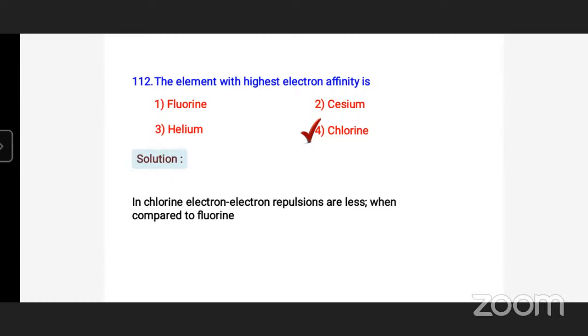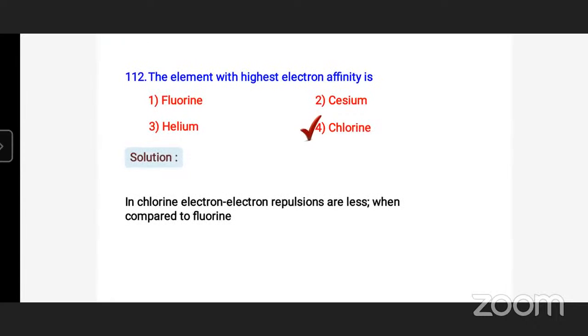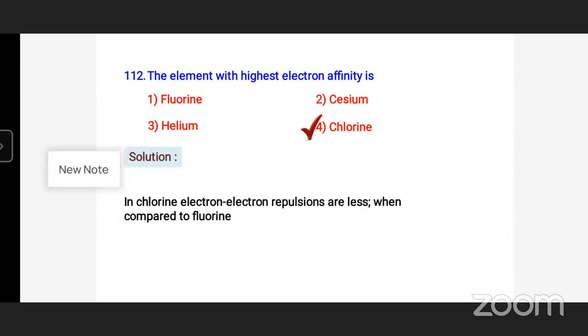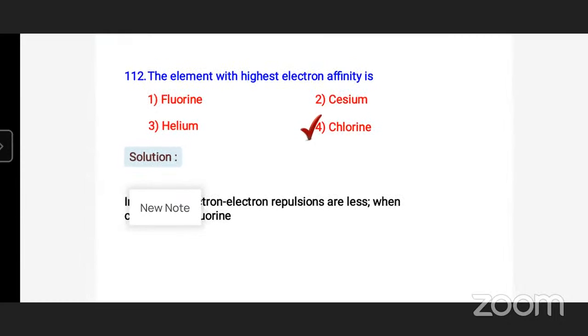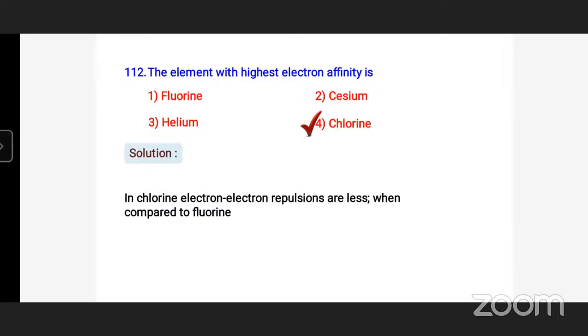Fluorine has a smaller atomic size than chlorine, so it has strong inter-electronic repulsion. Part of the energy liberated on adding an electron to fluorine is used to overcome the repulsion, so less energy is liberated than in chlorine. So the highest electron affinity is chlorine. The fourth one is the right option.